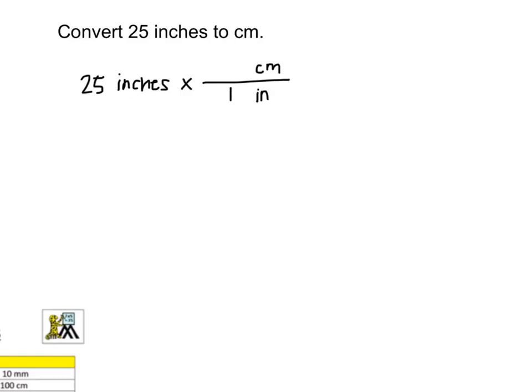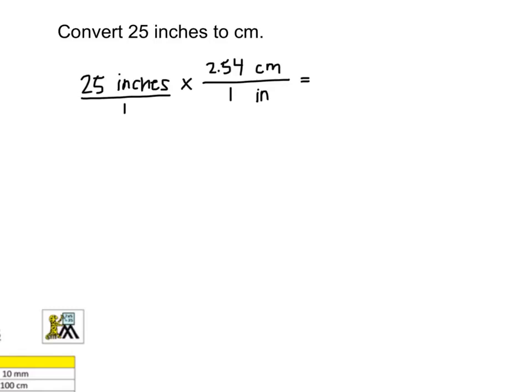So 1 inch was 2.54 centimeters, or I can turn that around and say that there are 2.54 centimeters per 1 inch. And what this is going to allow me to do is take that first 25 inches, and put it over 1 so it looks like a fraction. And now I have two fractions to multiply. I know that when I multiply fractions, one of the things that I can do is cross out or cancel out things that are the same in the numerator and the denominator.